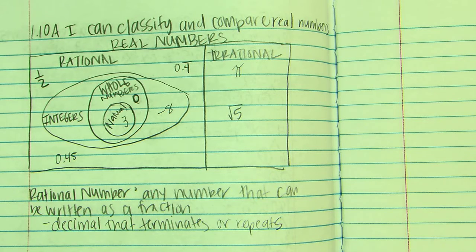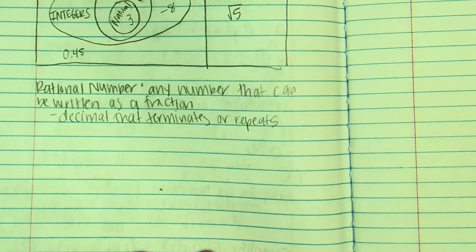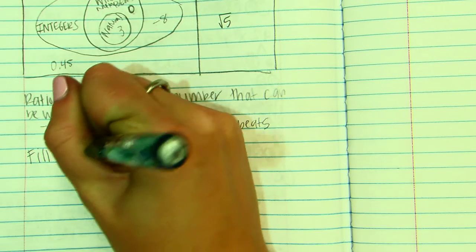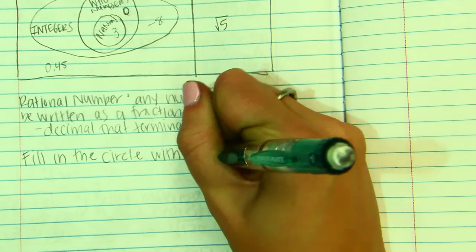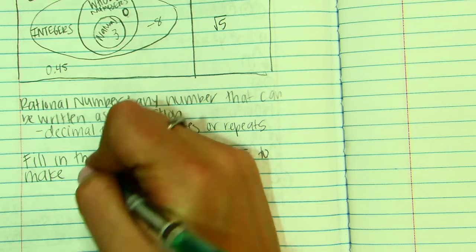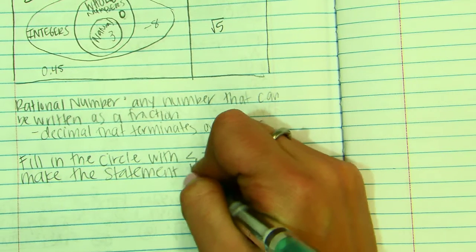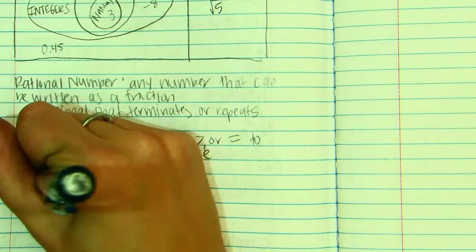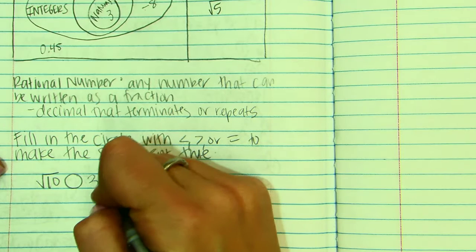The only other thing we're going to talk about in today's lesson is comparing real numbers. So these kinds of problems will say, fill in the circle with less than, greater than, or equals to make the statement true. So you might have something like the square root of 10, circle 3 1/3.